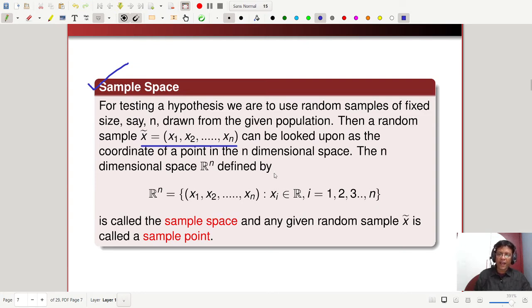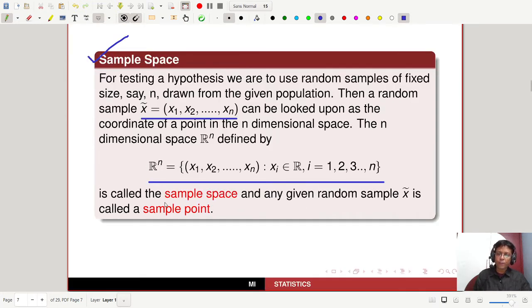Then the n-dimensional space Rn, defined as the set of n-tuples of real numbers, is called the sample space, just like we define Pk, the parametric space, for the parametric points. And any given random sample x tilde is called a sample point.